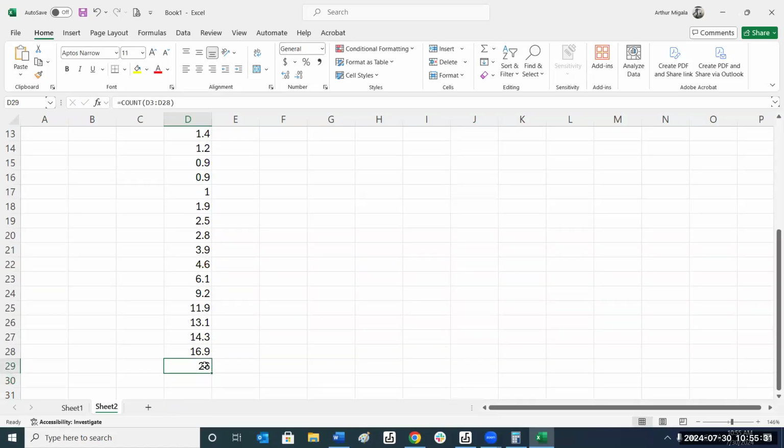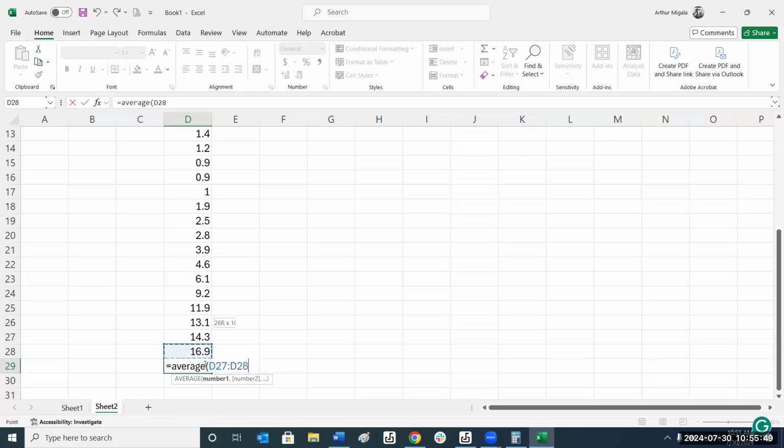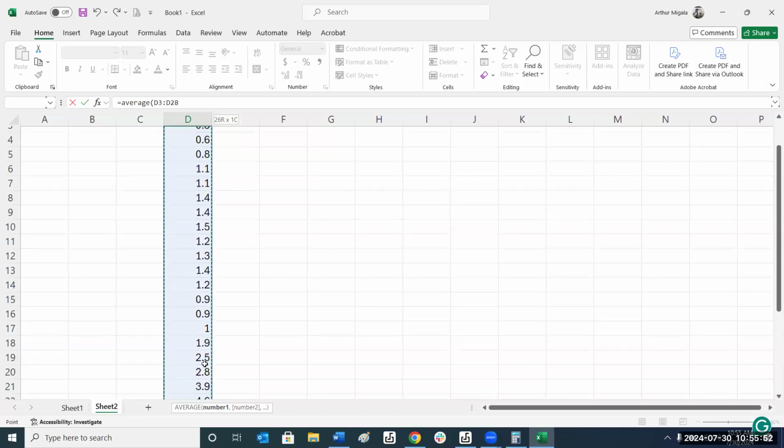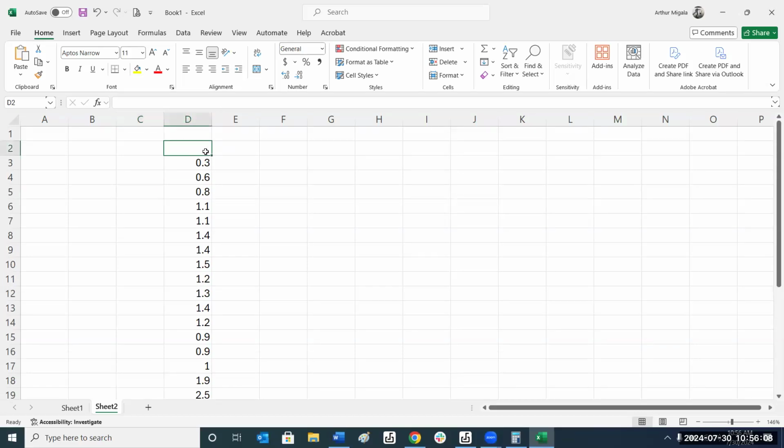Yeah, we have 26 numbers. That's what we needed. So X bar equals, and this is our X.